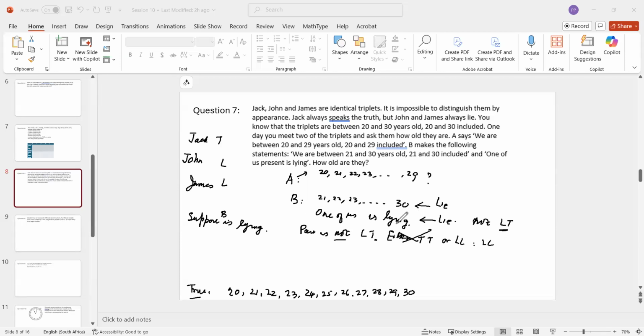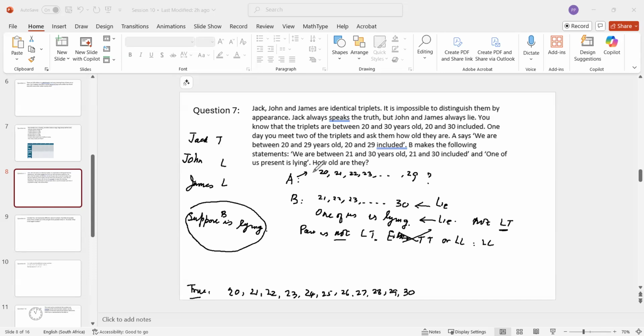So this is the assumption, remember: we're assuming that B is lying. And we are arguing this, and we come to the situation where, with that assumption, both of them are lying.